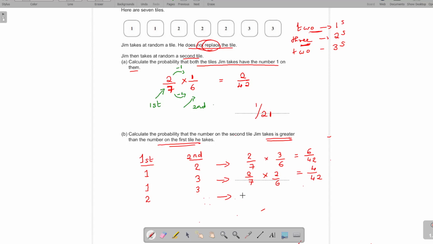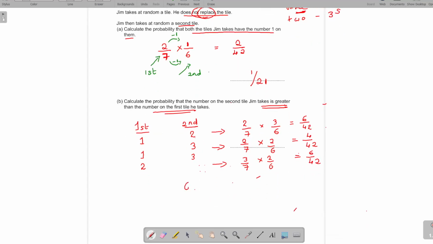Third time 2, he has 3 over 7, then 3 is 2 over 6, that is 6 over 42. Now we can add all of them together. 6 over 42 plus 4 over 42 plus 6 over 42 will give you 16 over 42. Which is 8 over 21.